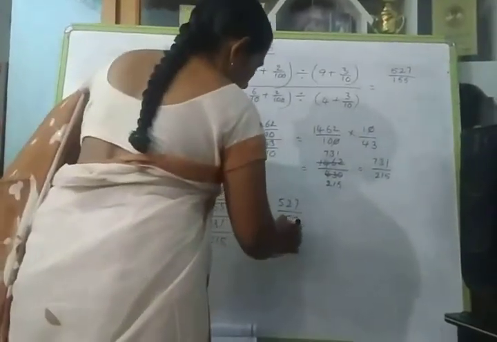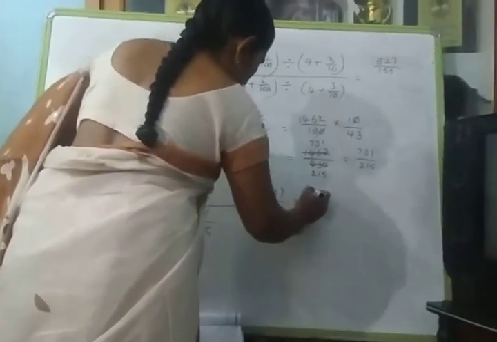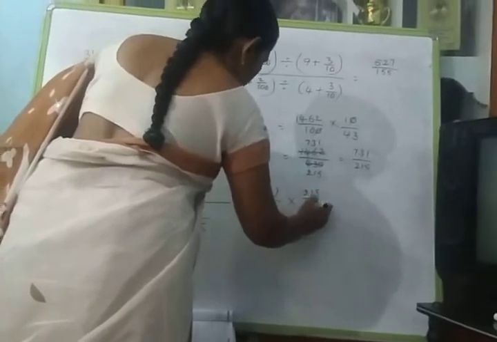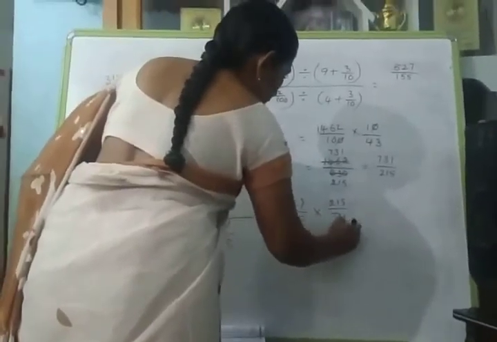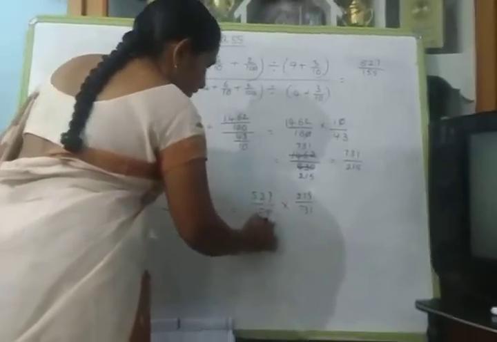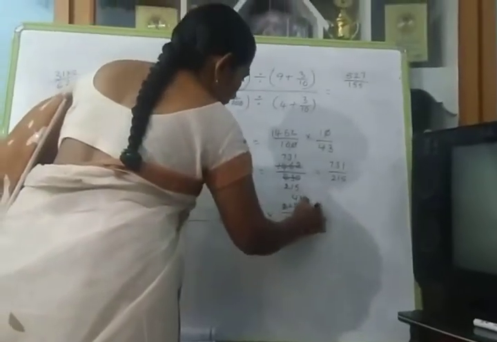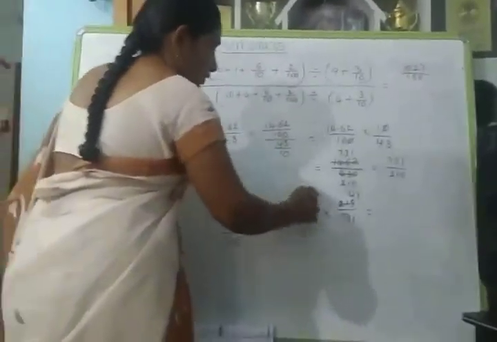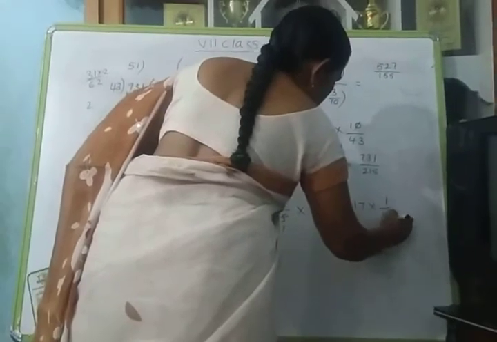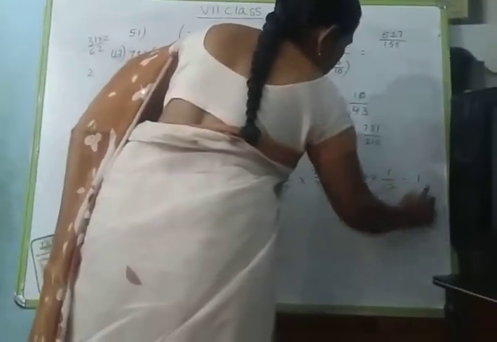If you divide with the 5 table, here you will get 215 by 731. So this value we simplified now. Here 31, here 43. So this value you get 17. This value reversed is 1 by 17. So 17 ones are 17 ones are. So what is the answer finally? 17.